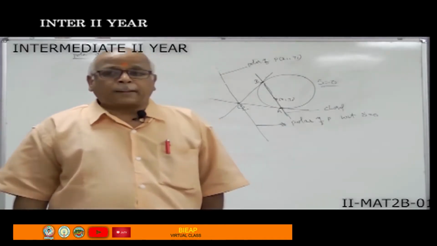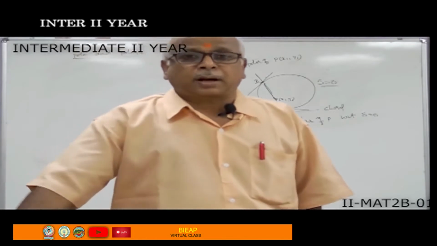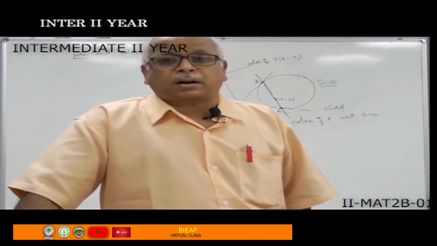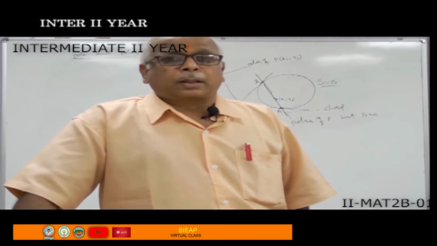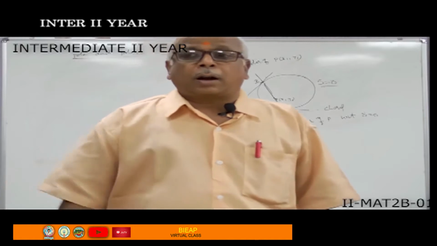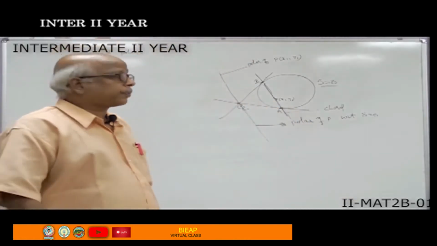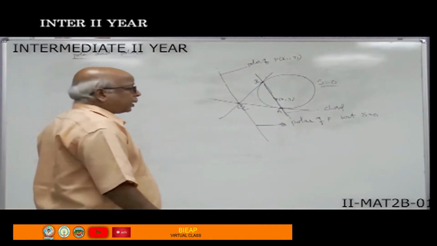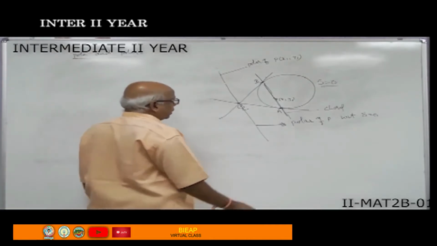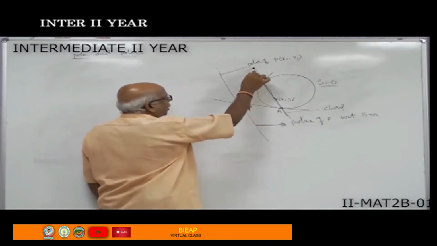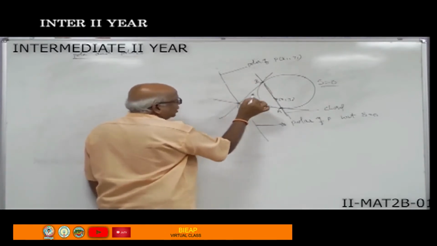The locus of point of intersection of tangents drawn at the extremities of the chord lies on a straight line which is called the polar of the given point P x1, y1.